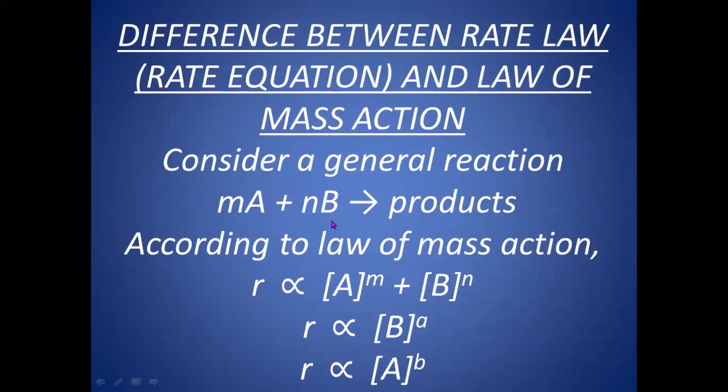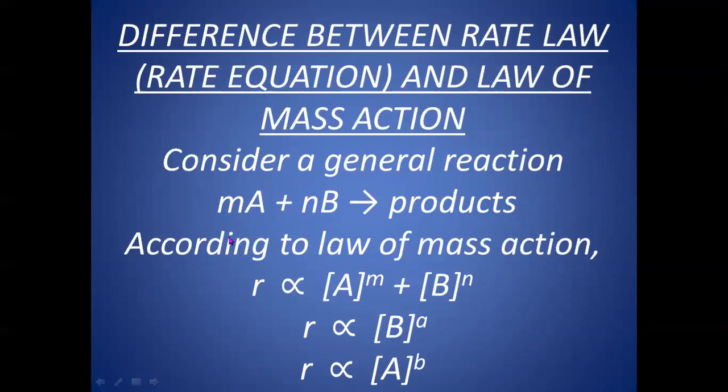Here A and B are the reactants, and m and n are the number of moles of reactants A and B. m is the number of moles of A, and n is the number of moles of B.